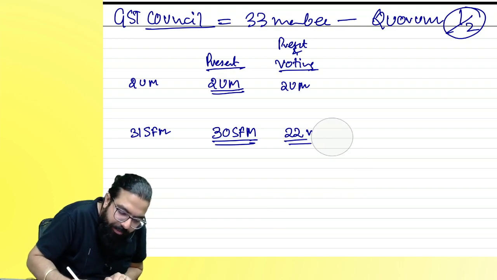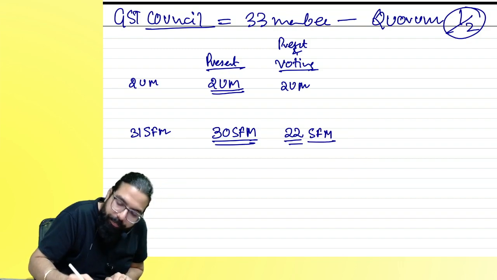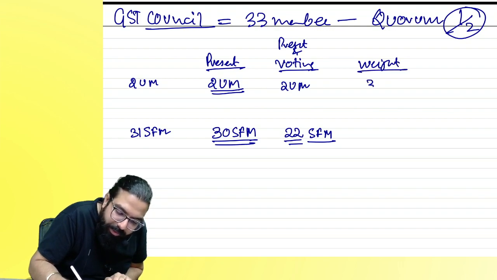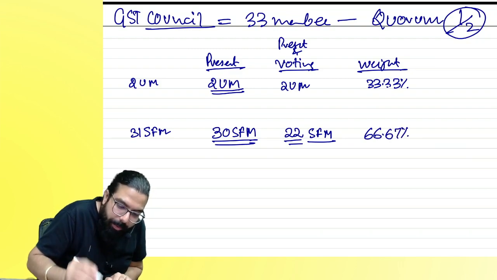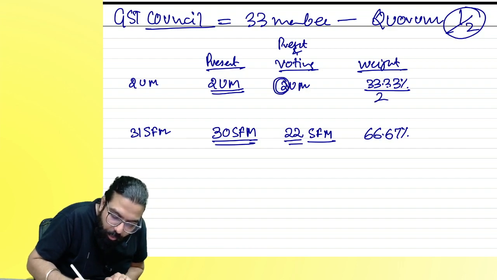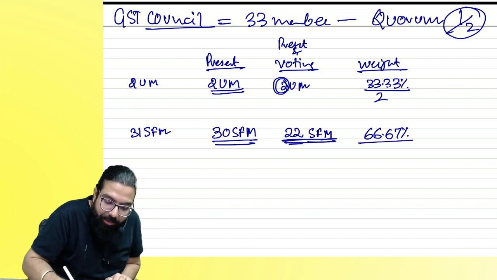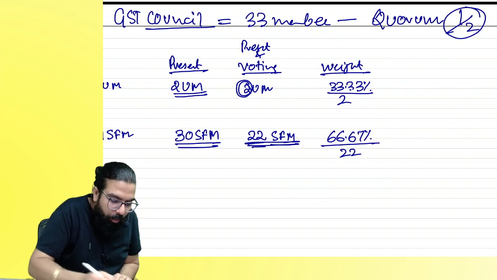So 22 state finance ministers told we will vote. What is the vote weight? 1/3, which is 33.33%. And this is how much? 66.67. Always remember, it should always be divided by the number of members present and voting. Not just present, but present and voting. So how many are present and voting? 22.